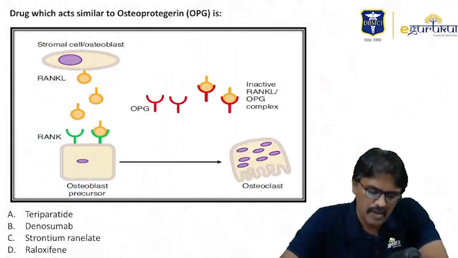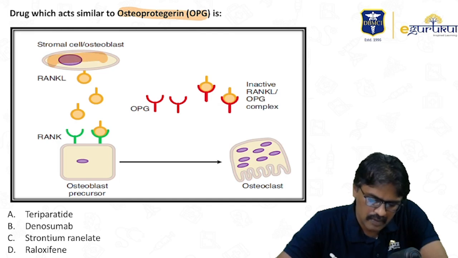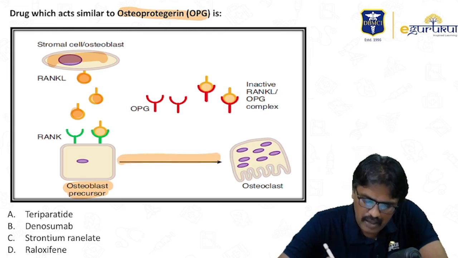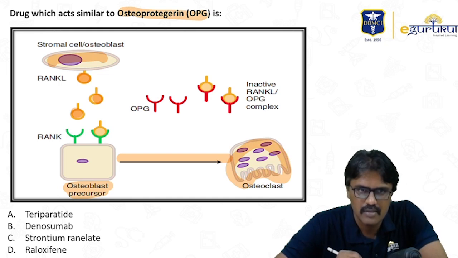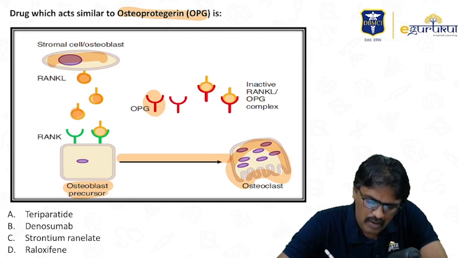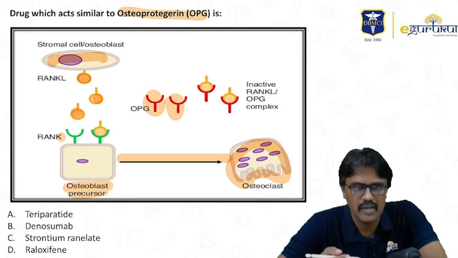Drug which acts similar to osteoprotegerin is, now what happens? The osteoblasts are synthesizing RANK ligand, and RANK ligand is attaching to the osteoclast precursor, and now it is becoming an osteoclast. Now we have an endogenous substance called osteoprotegerin that is blocking this RANK ligand. Which is the drug which acts similar to that is the question.